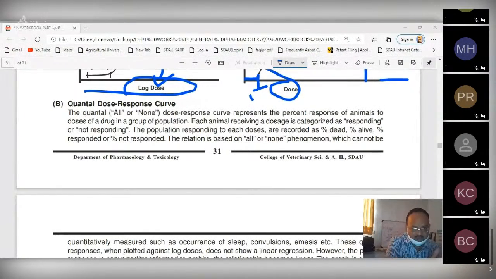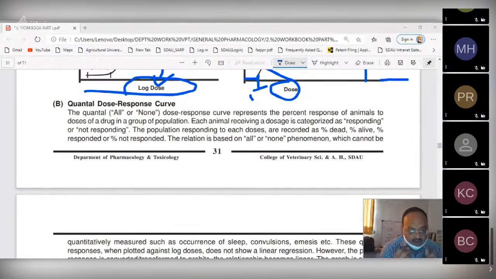If you convert the dose, that means cumulative data, into log dose, again the curve will take the sigmoid form. Now, the quantal dose response curve is useful in the study of the therapeutic effect or pharmacodynamics of drugs, where it is not possible to measure the drug effect quantitatively.